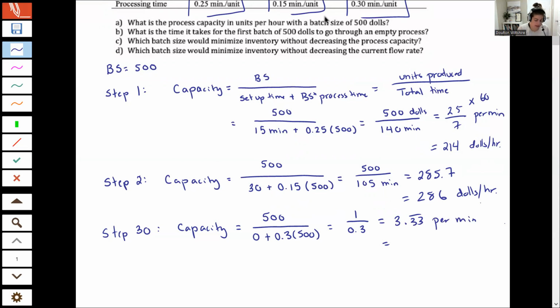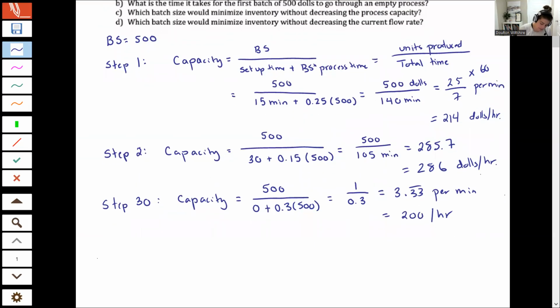And then if I multiply that by 60, this means that we have 200 per hour. So for A here, the actual answer is that the process capacity is going to be 200 per hour because that's our bottleneck, right?